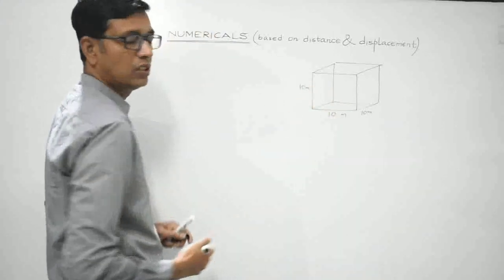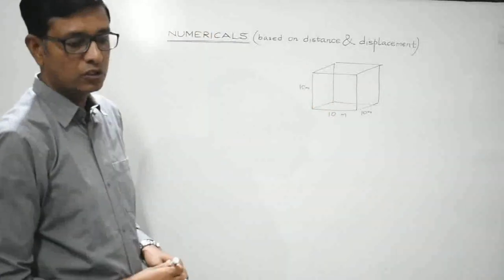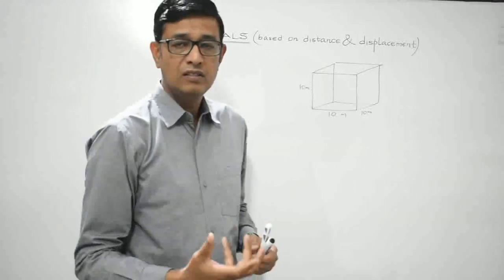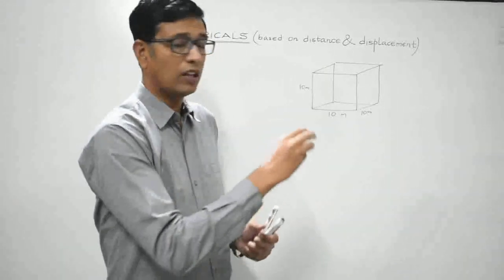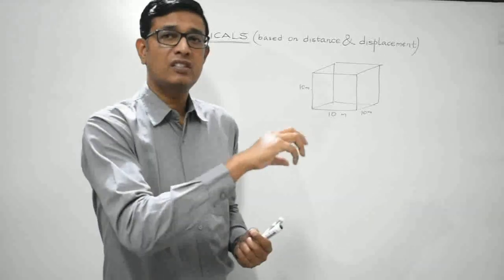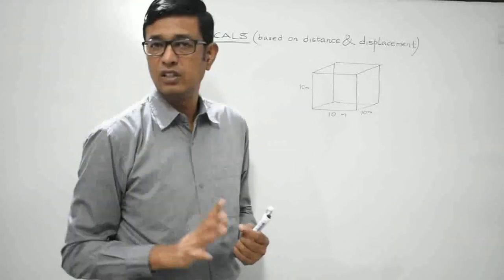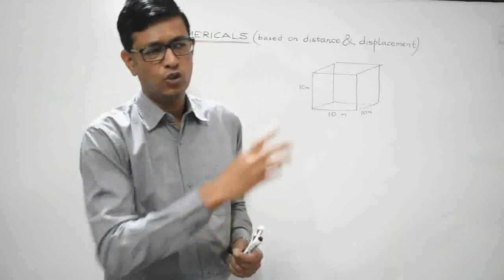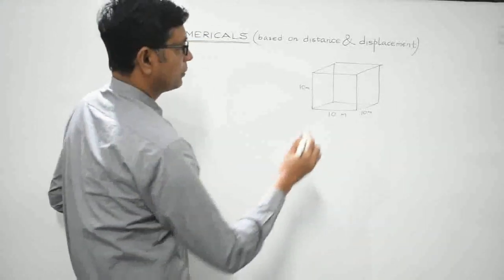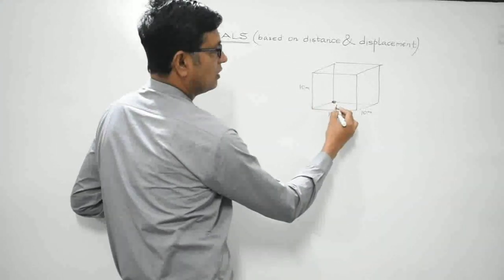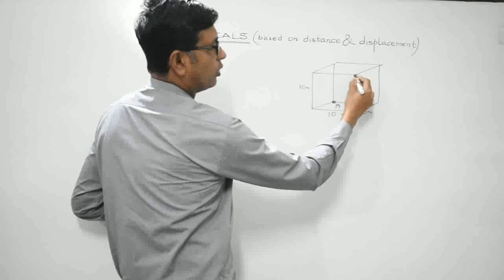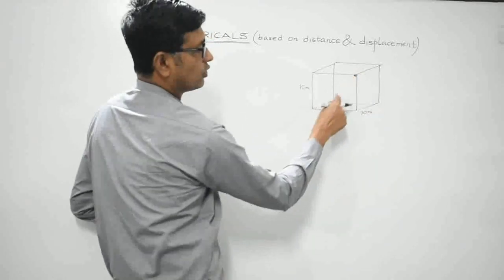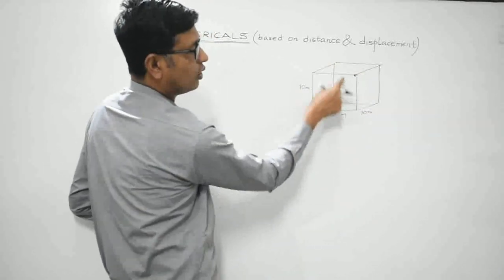All the sides are equal in a cube. Suppose a fly starts from one corner and reaches the diametrically opposite corner of the cubical room following a zigzag path. Suppose this is one of the corners and this is the diametrically opposite corner. These are the 2 diametrically opposite corners. Similarly, these are the 2 diametrically opposite corners.